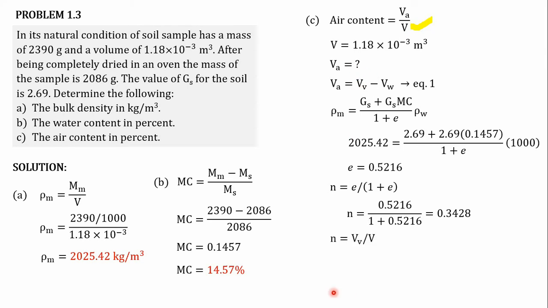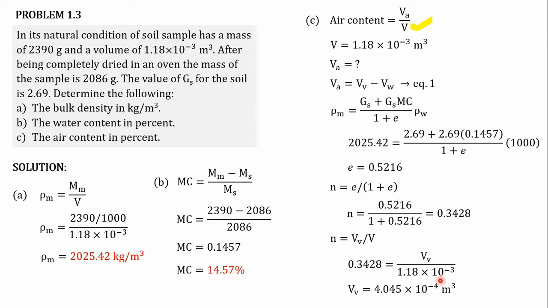So, therefore, the porosity is equal to the volume of voids divided by the total volume. Take note that the total volume is 1.18 times 10 to the power negative 3 cubic meter. So, 0.3428 is equal to volume of voids divided by 1.18 times 10 to the power negative 3.